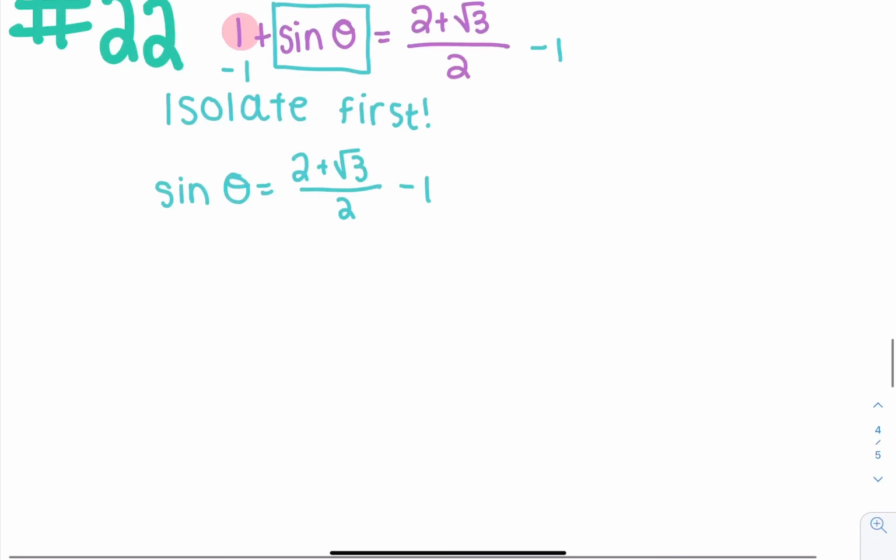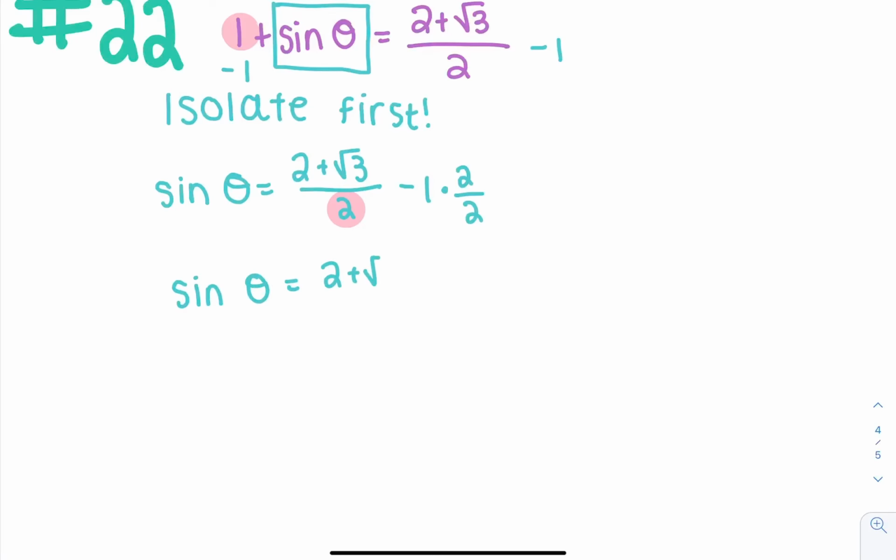So we have a fraction. In this fraction, the denominator is 2. And to subtract fractions, I need a common denominator. So instead of making this a 1, I'm going to make it 2 over 2. I'm going to multiply by 2 over 2 to get the same denominator. So now I have sine of theta equals (2 plus the square root of 3) over 2 minus 2 over 2.